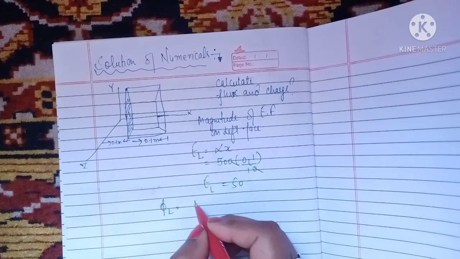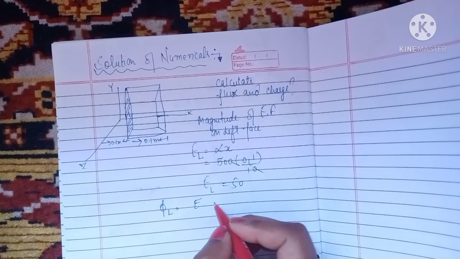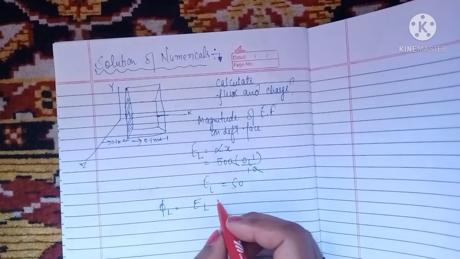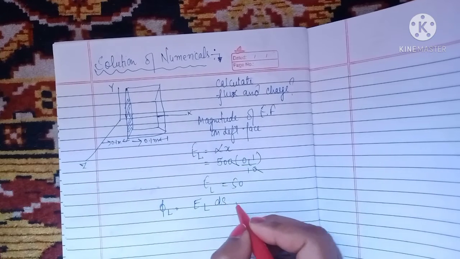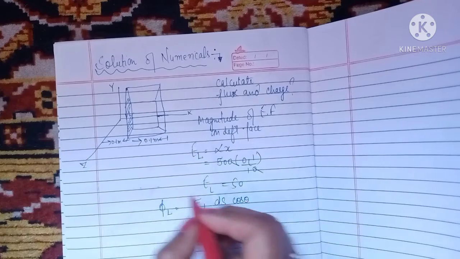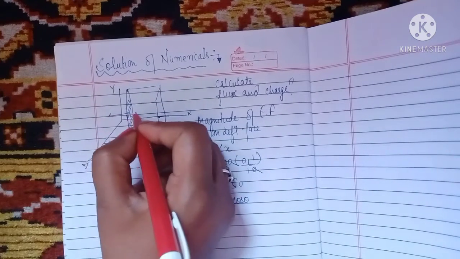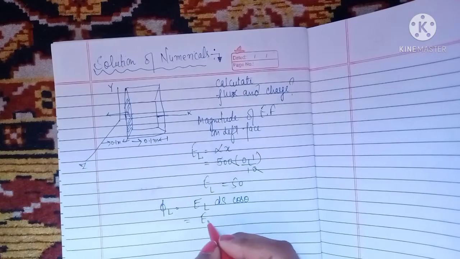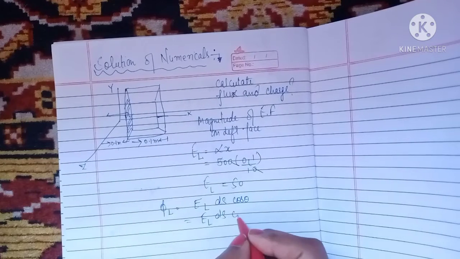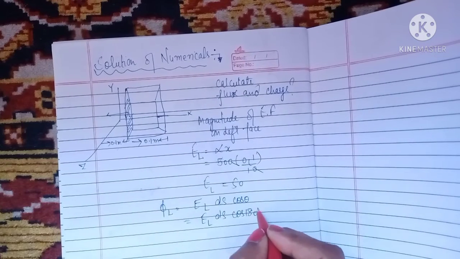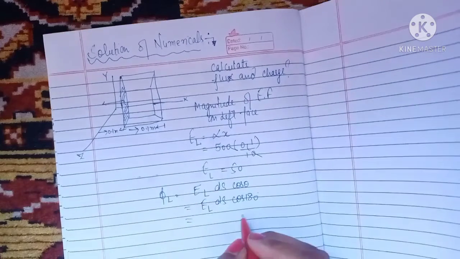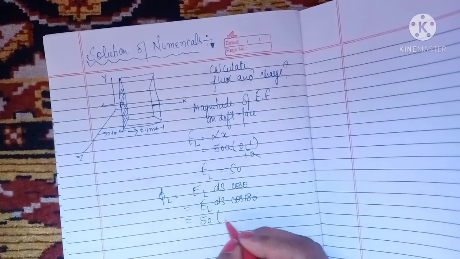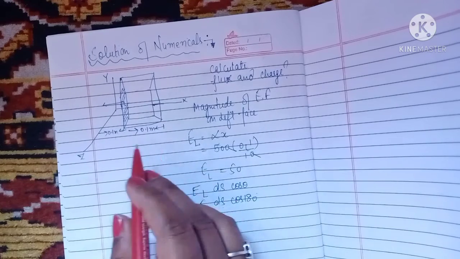So the flux formula says E, because it is the left face, so we will write the electric field of the left face, ds and cos theta. Now the area vector is somewhere here and the electric field is somewhere here, so there will be cos 180 degrees. Cos 180 is -1, so we will write EL, whose value is 50, and ds is the area of the cube.